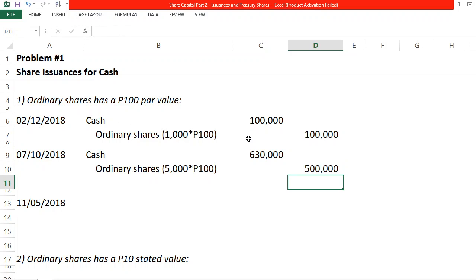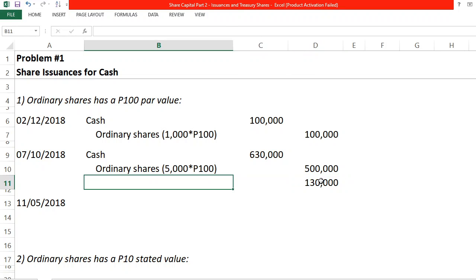If you could notice, mas malaki yung binigay natin sa kanila compared sa binigay nila sa atin. So the difference of 130,000 is now recorded to this account called share premium ordinary shares. Okay, it's the excess.